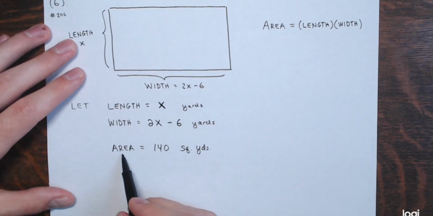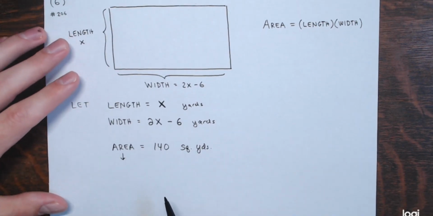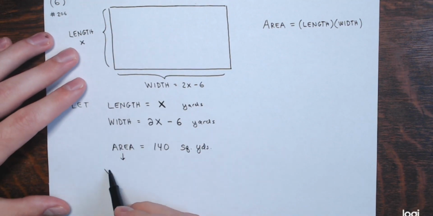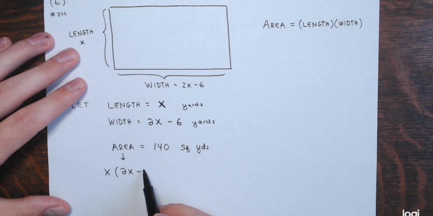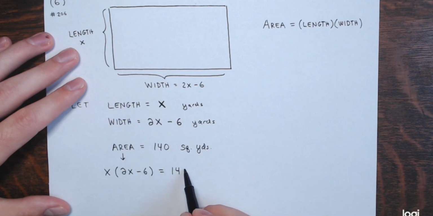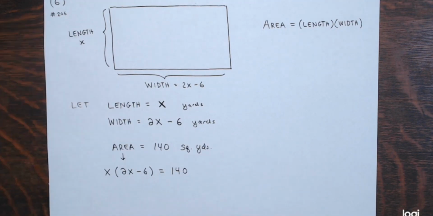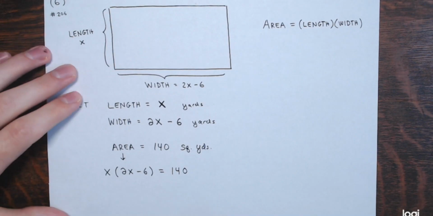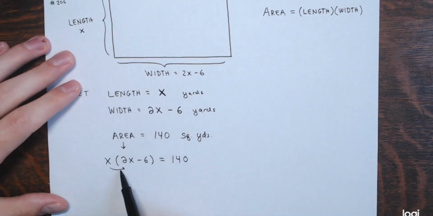All right, that should be enough to set up my quadratic equation. So remember, it's the area of a rectangle. Length, x, times width, 2x minus 6. And this should be equal to 140. And then we're solving this equation. So I distribute the x.